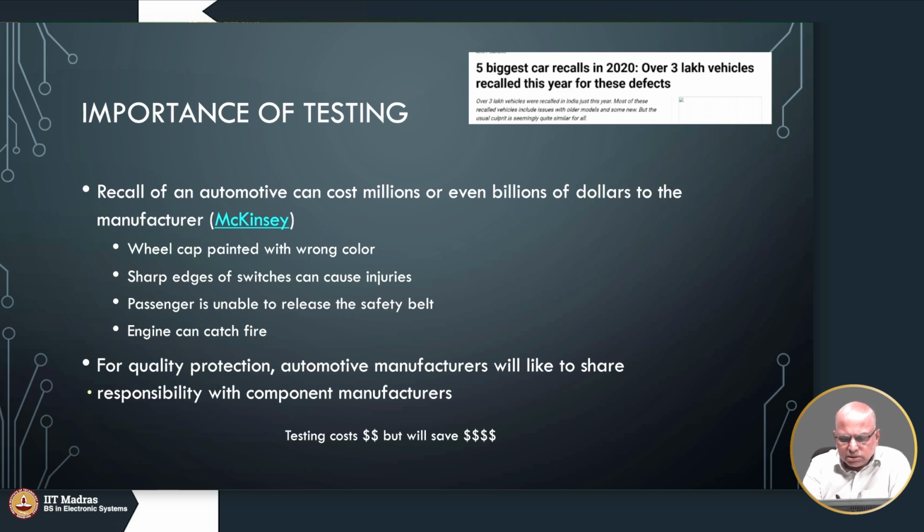So testing is becoming more important than ever, right? If, for example, there is some data on recalls of cars. Over 3 lakh vehicles were recalled in, let us say, I think this was 2020. Now, why?